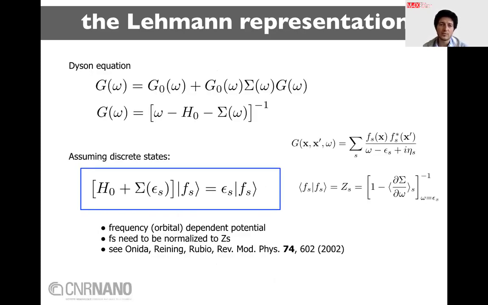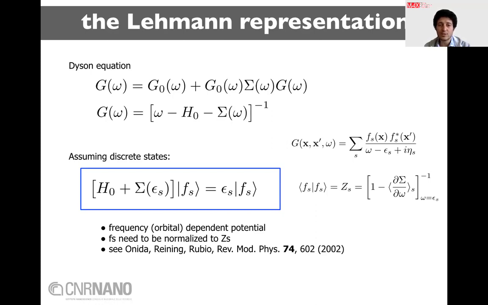Okay, as we also know from textbooks, the Green's function obeys the Dyson equation that is written in the first line. It is basically a connection between the interacting Green's function and the self-energy. Basically, if we know the self-energy, we know the interacting Green's function and vice versa. That is formally solved with this inverse.